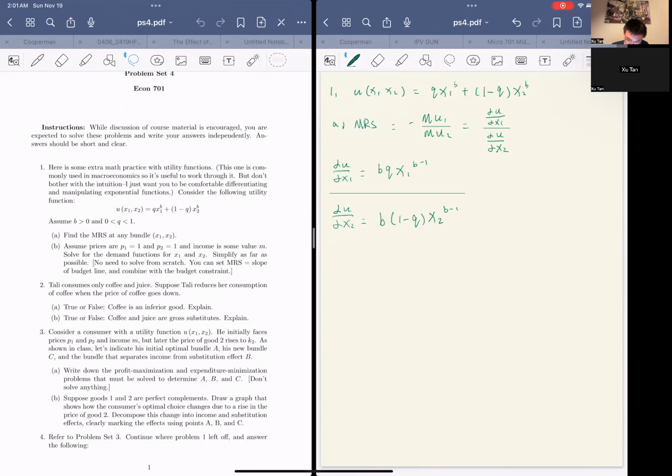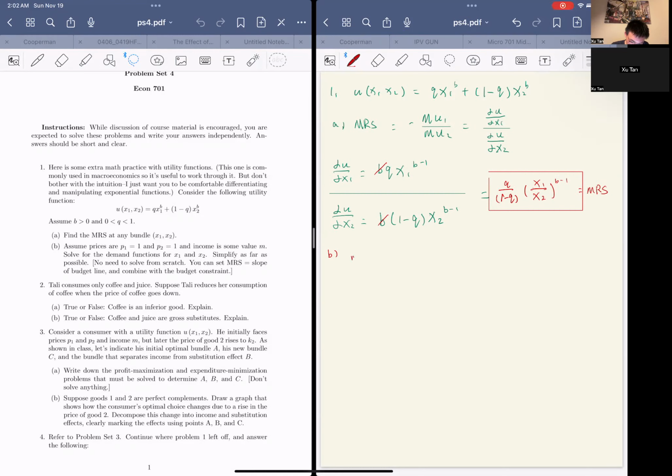The b cancels out, and we get q over 1 minus q times x1 over x2 to the b minus 1. That's our MRS.